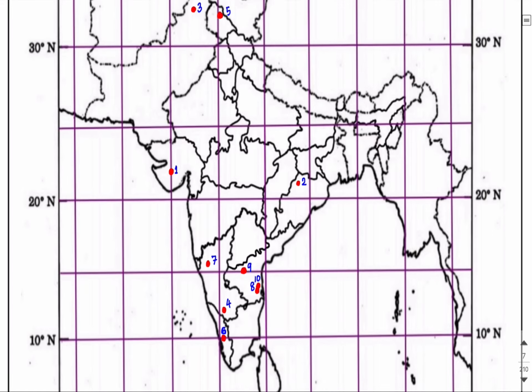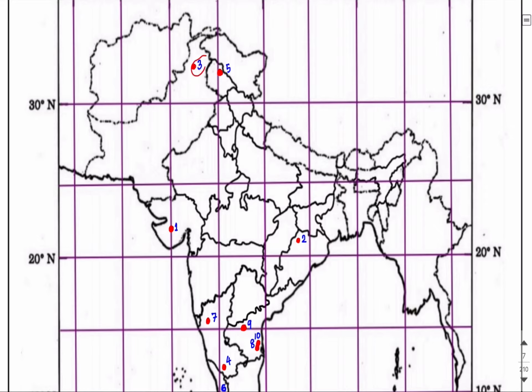Now move on to the third site. Here you can see it is in Pakistan. This is Pakistan, and this is the site we have to mention. It is Sanghao, present in the Peshawar district of Pakistan, right? Whatever tools are found here belong to the middle and lower Paleolithic.